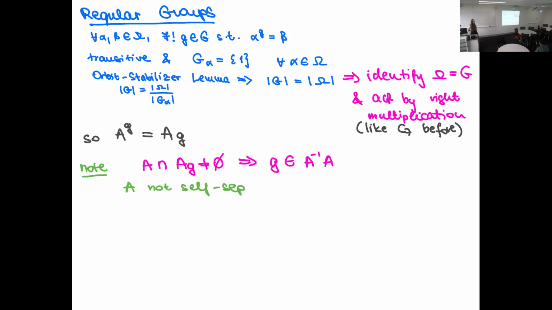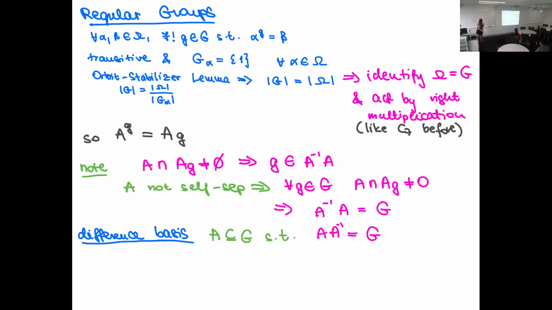And if A is not self-separable, then this holds for every G. So in that case, we can see that A inverse A is equal to the whole group. And this is a well-known thing in abstract algebra, and it's called a difference basis. So a difference basis is a subset of G such that A times A inverse is the whole group.